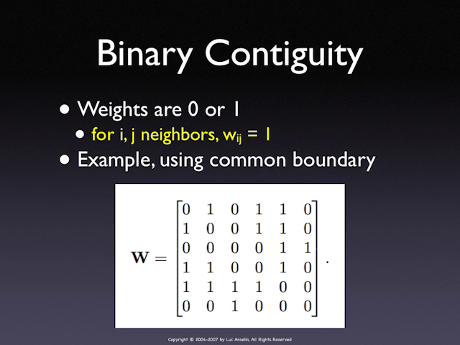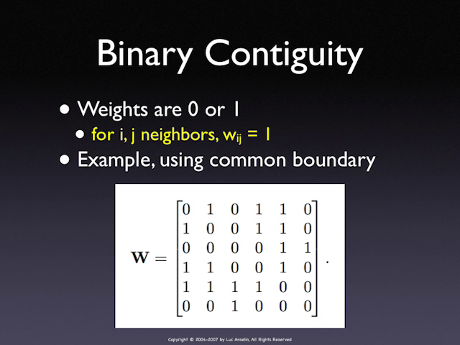Just think about it for a second. What is the row of a contiguity matrix for 3,100 counties in the US? Okay? You have this county, let's say, and then you have 5 neighboring counties or 4 neighboring counties. All the other ones are 0. So most of the weights matrix is 0.